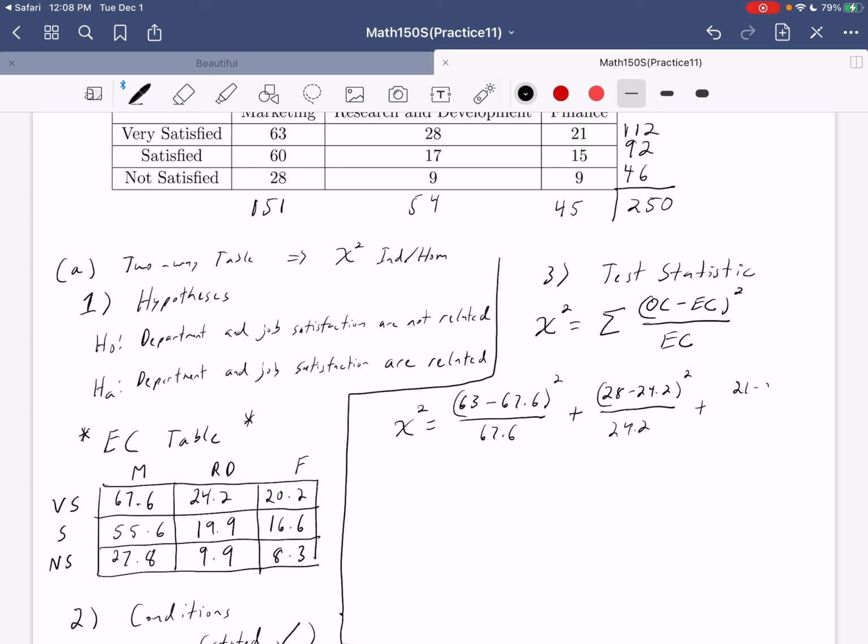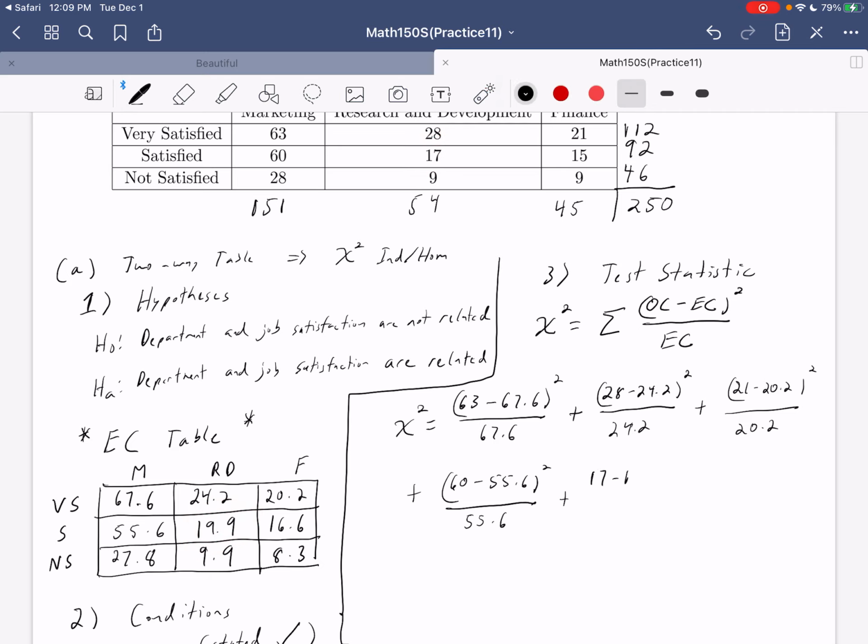So 21 minus 20.2 squared over 20.2 plus, now our next observed was 60 versus an expectation of 55.6. So 60 minus 55.6 squared over 55.6 plus 17 versus that expectation of 19.9.